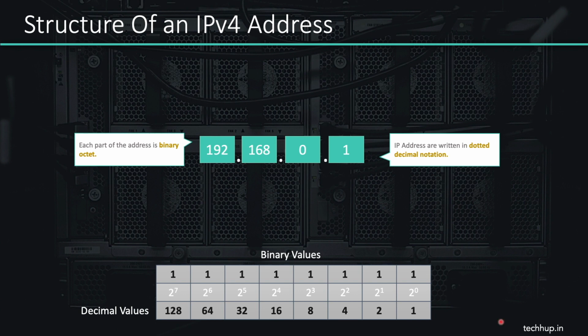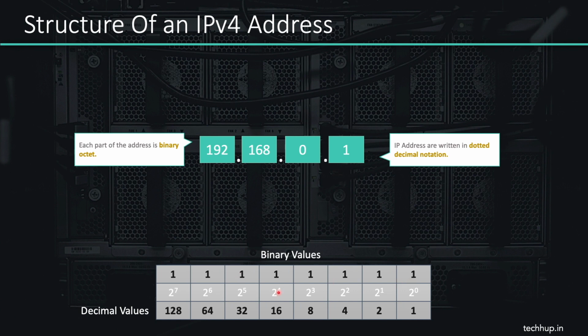So in this table here, you can see that the very first row is all ones. So it is 8 bits of information which is representing one octet. So each octet is a representation of 8 bits of information.